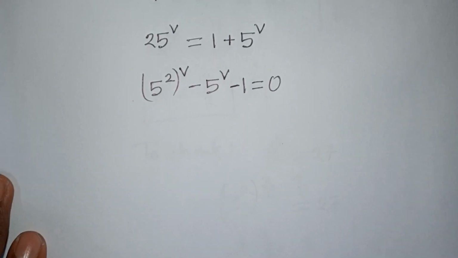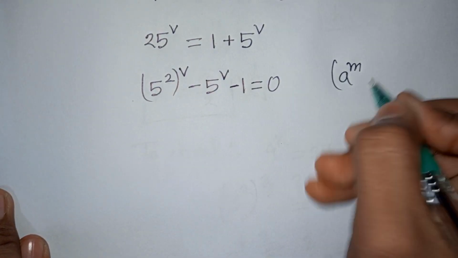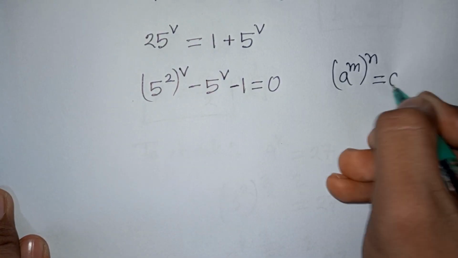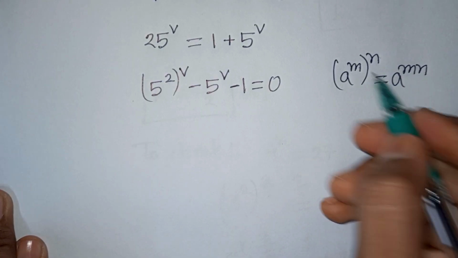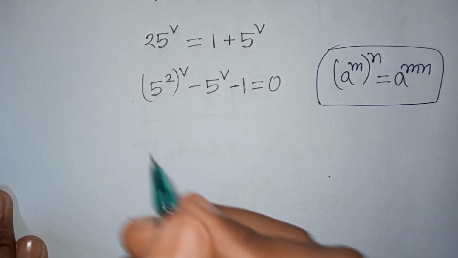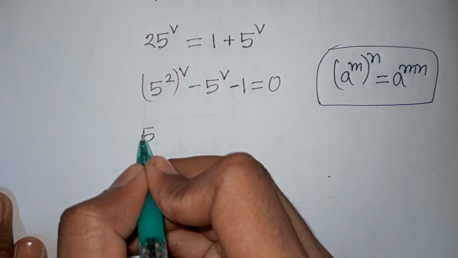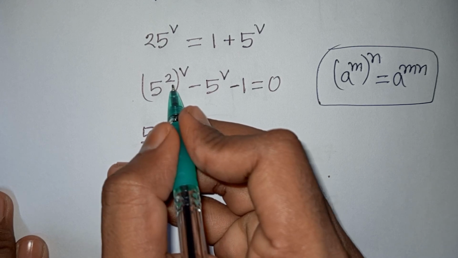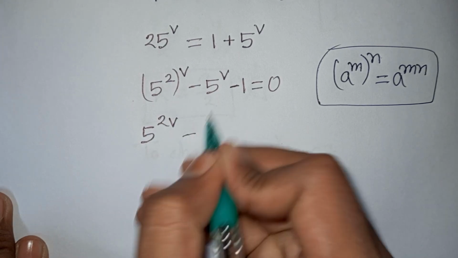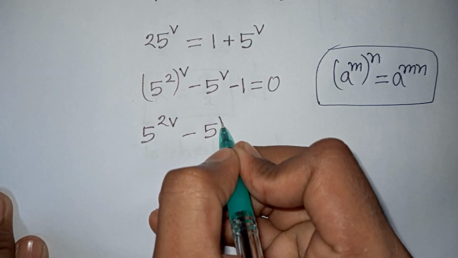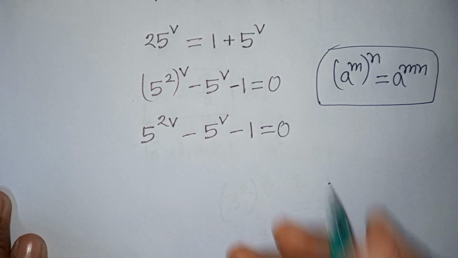In the next step here we apply this exponential rule that a power m, bracket power n, is equal to a power of mn, m times n. So it will be 5 power of 2 times v, that means 2v, then minus 5 power v minus 1 is equal to 0.